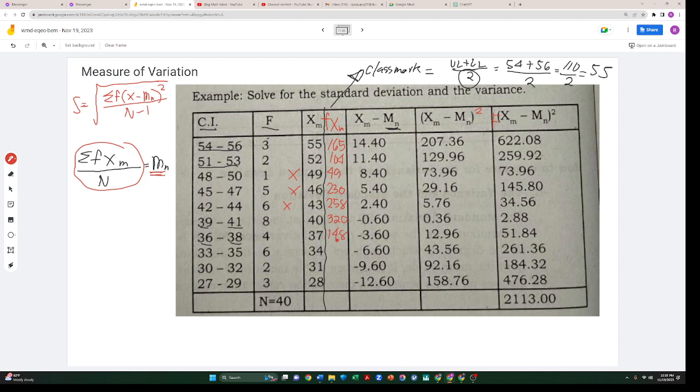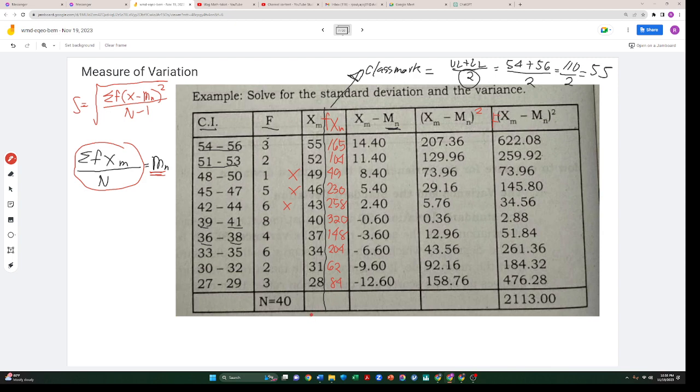Then 6 times 34, which is 204. Then 2 times 31, which is 62. Lastly, 3 times 28, which is 84.